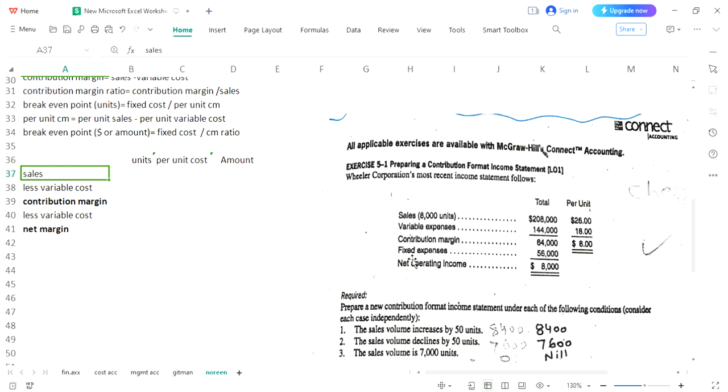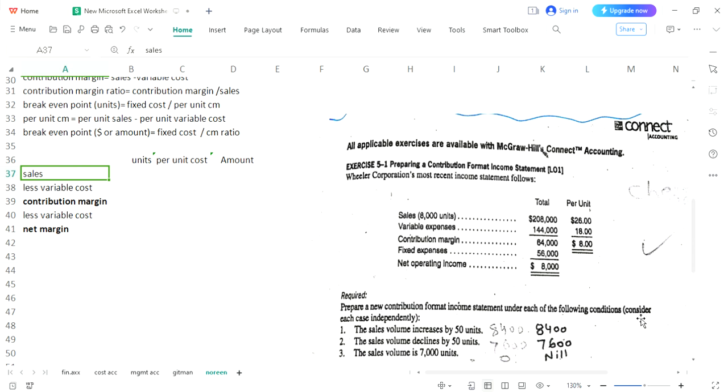So variable expenses, fixed expenses, contribution margin and net operating income. Then what is our requirement? Come over here: prepare a new contribution margin format income statement. So this we have already discussed is a contribution margin format income statement, where there are these factors that would be the part of the income statement.